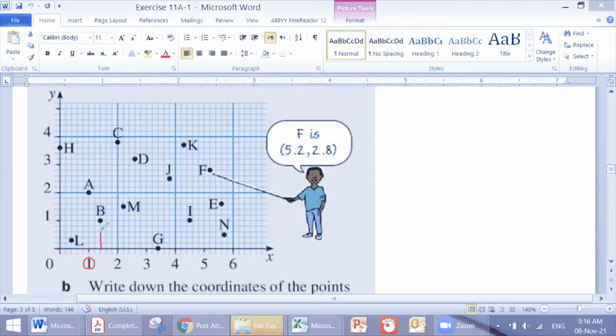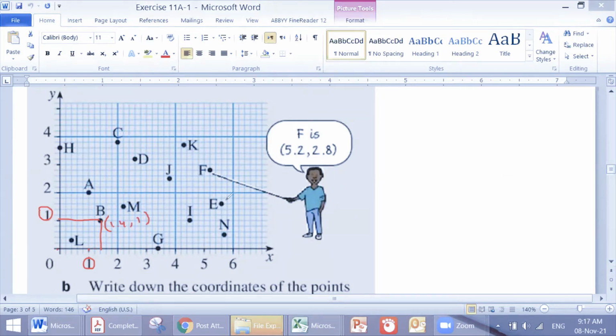This will become 1.4. And now this value on the y-axis is exactly 1. So its coordinates will be 1.4 and 1. These will be the coordinates of point B.